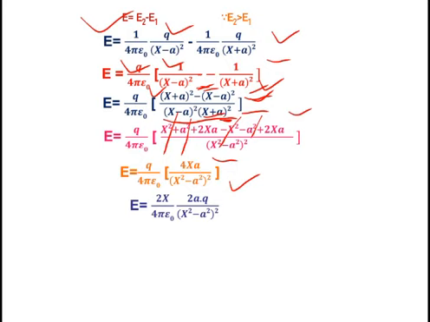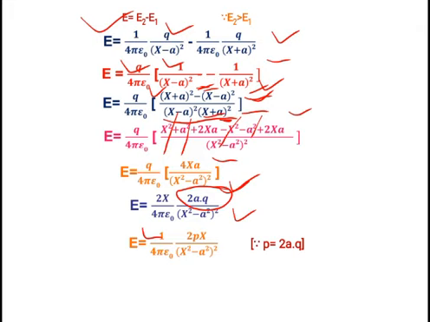I split it in this way: 2x divided by 4 pi epsilon naught into 2aQ divided by (x square minus A square) raised to 2, denominator as it is. E is equal to 1 divided by 4 pi epsilon naught, and this 2aQ means what? This value is nothing but the dipole moment p.